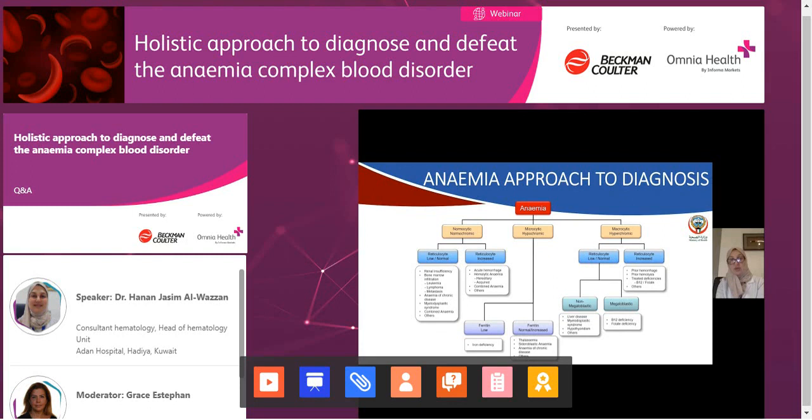If reticulocytes are normal or low, it is either megaloblastic or non-megaloblastic. Megaloblastic could be B12 or folate deficiency. Non-megaloblastic could be liver disease, alcoholism, hypothyroidism, or MDS.